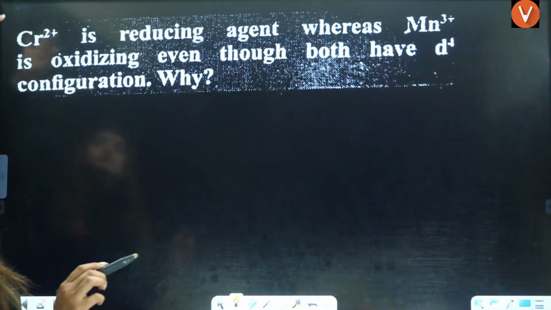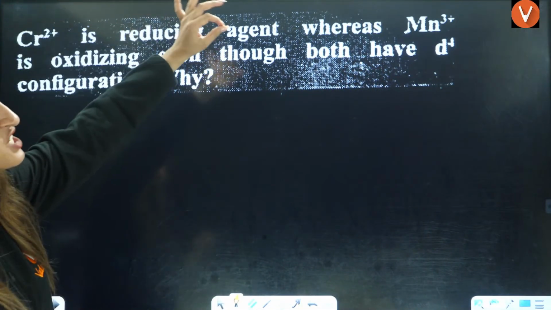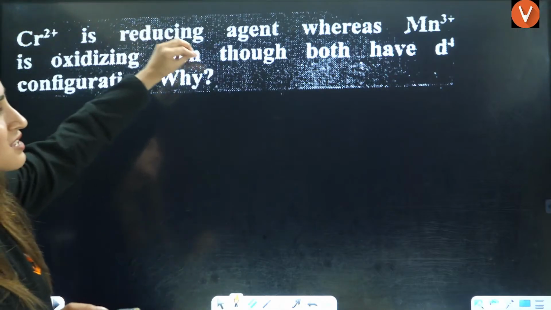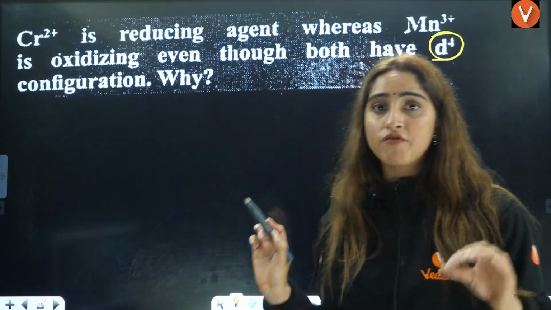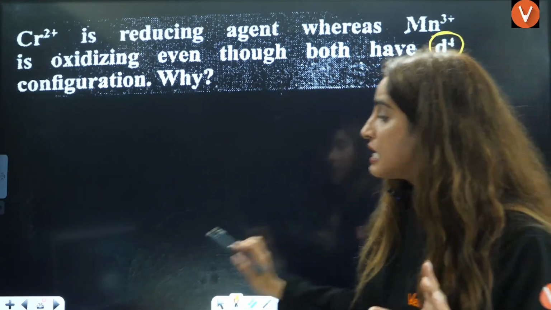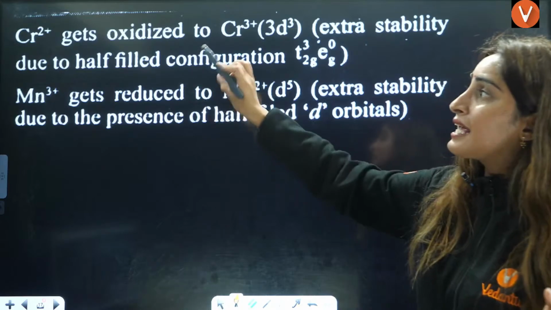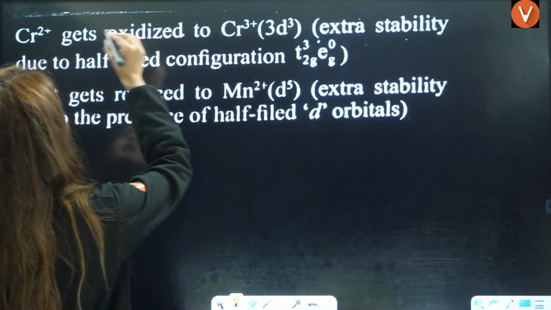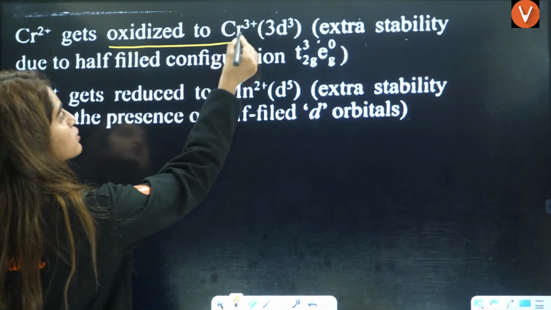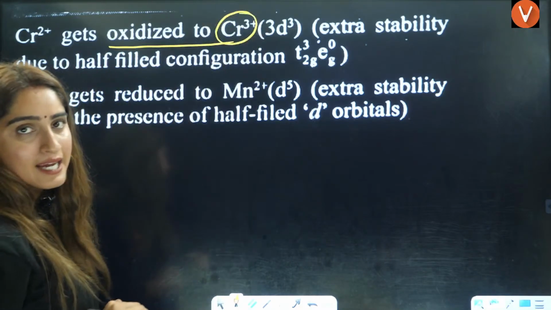Next: Cr2+ is a reducing agent, whereas Mn3+ is an oxidizing agent, even though both have d4 configuration. Very, very important question. The reason is, if you talk about the electronic configuration, Cr2+ gets oxidized to Cr3+, right? Why?